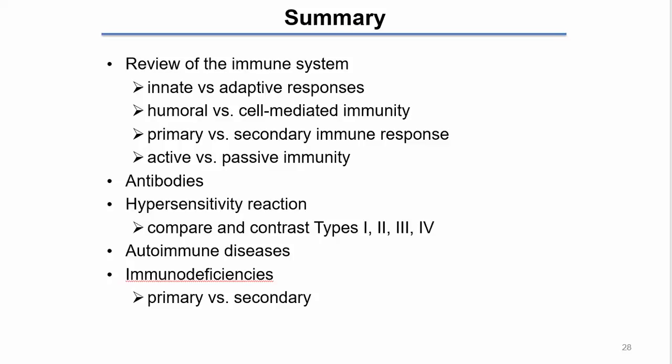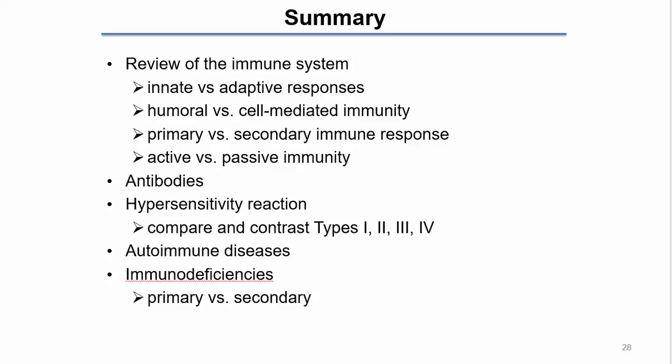So in this lecture, we did a review of the immune system, innate versus adaptive, humoral and cell mediated in the adaptive immunity, primary and secondary responses, active versus passive. What do antibodies do?